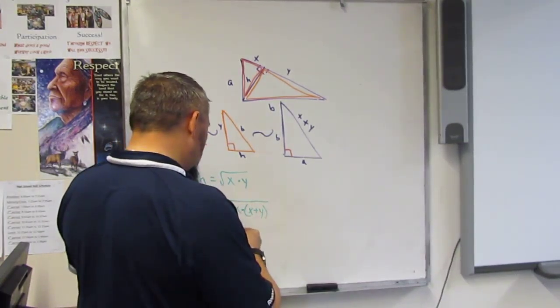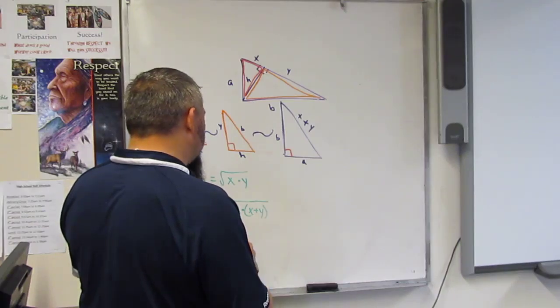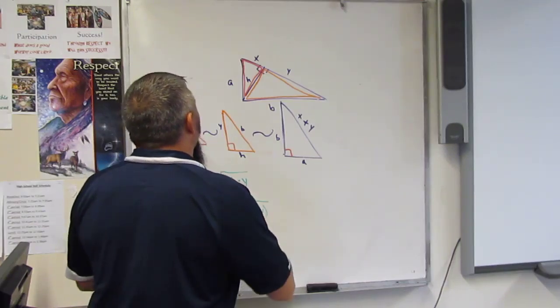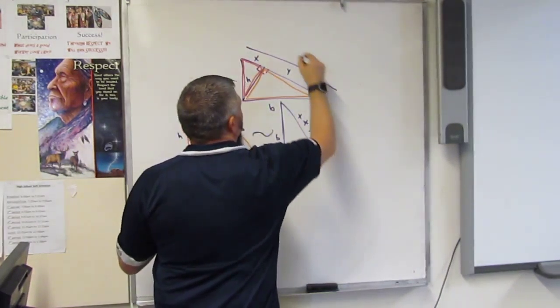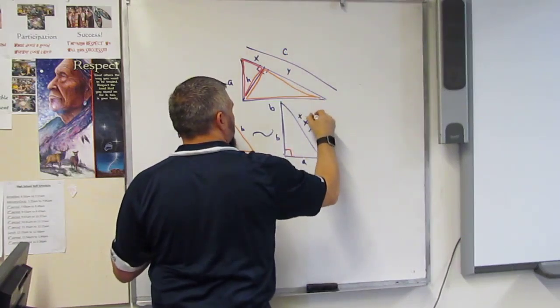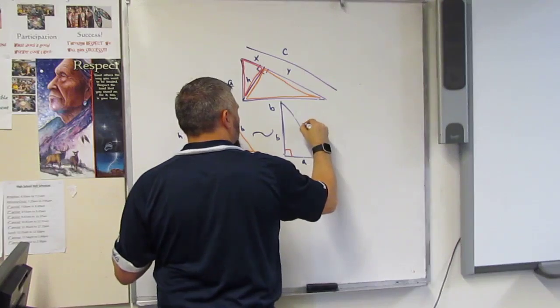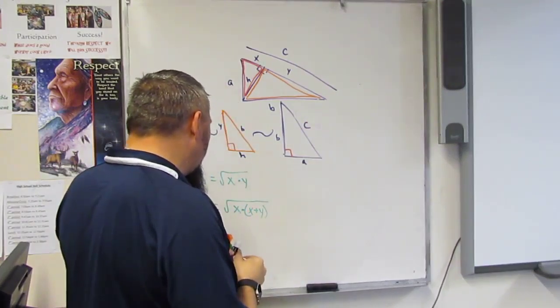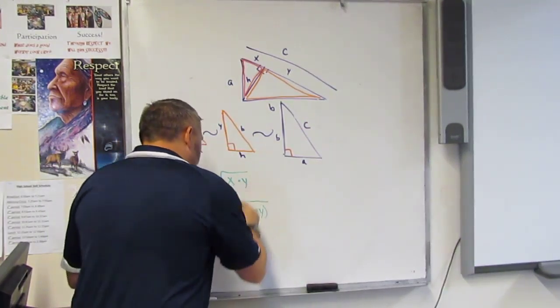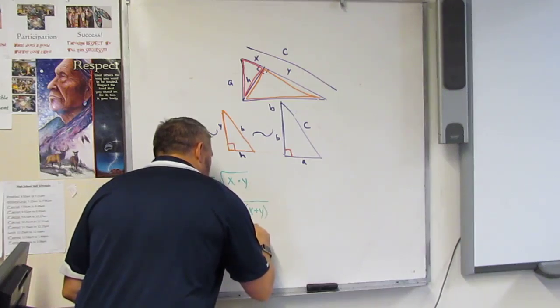And then, I usually put a c there. Let's go ahead and say that this length is c. So I can just go A, B, C. Okay? So in essence, this is just x times c.